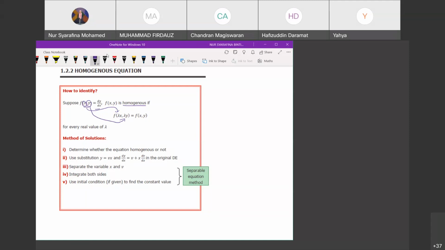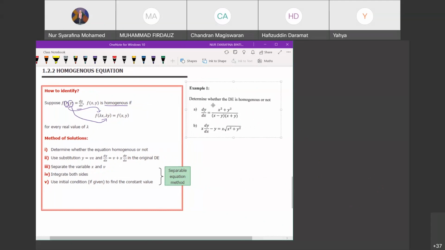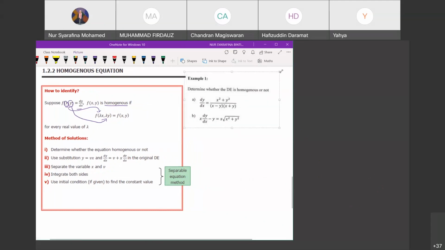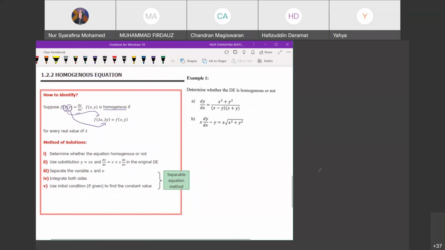Okay. So how can we show that? Okay, let's try. How can we show the function is homogeneous or not? Let's try A. Determine whether the DE is homogeneous or not.